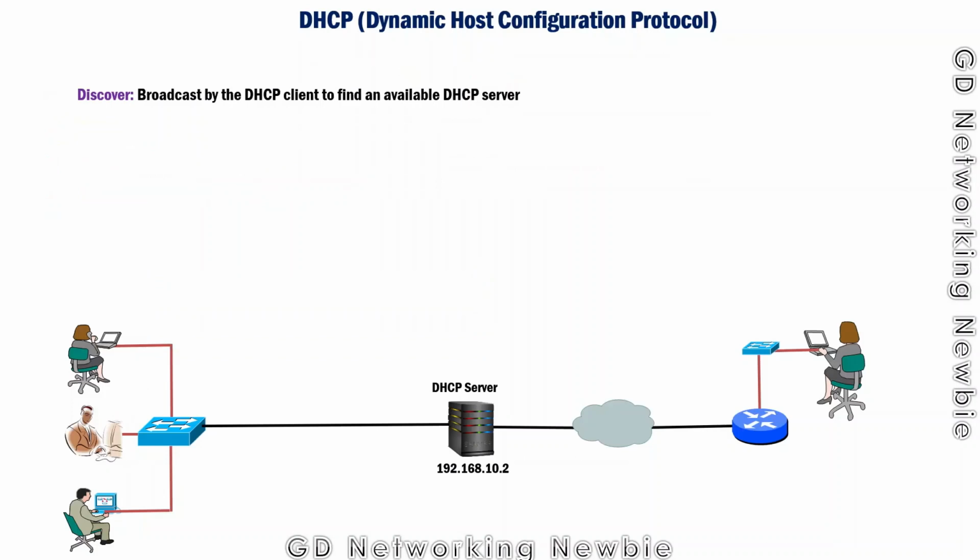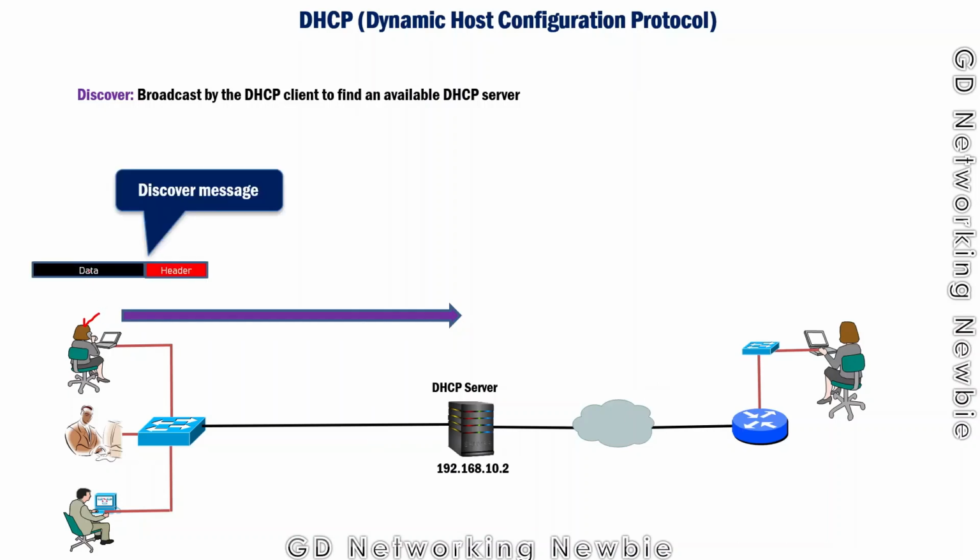Now the first message in this DORA is discover. What happens is, for example, this is the client which needs an IP address. This client has to send a discover message, and this discover message will have a header.